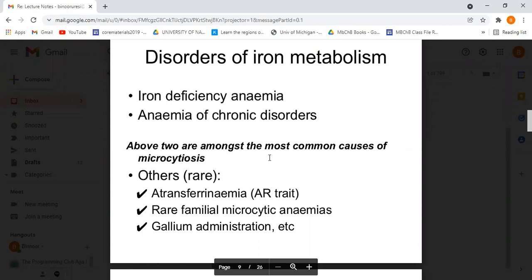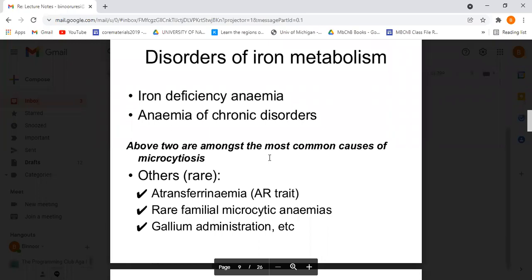Once it's absorbed, it's unable to be transferred, because it needs to be transferred to the relevant organs for it now to be incorporated into the red cells. If it's not done that way, then it's not being used. So you have microcytosis. So that's one of the causes of impaired iron metabolism.